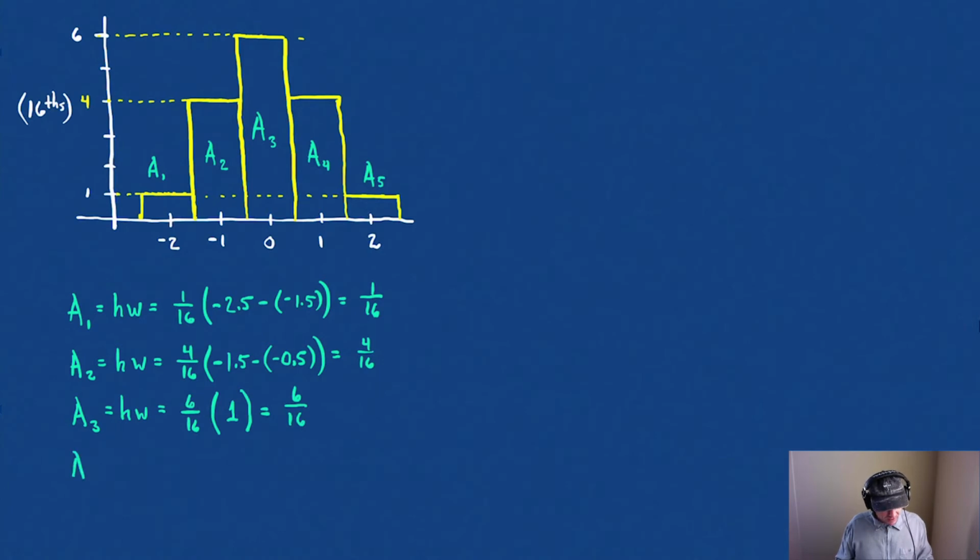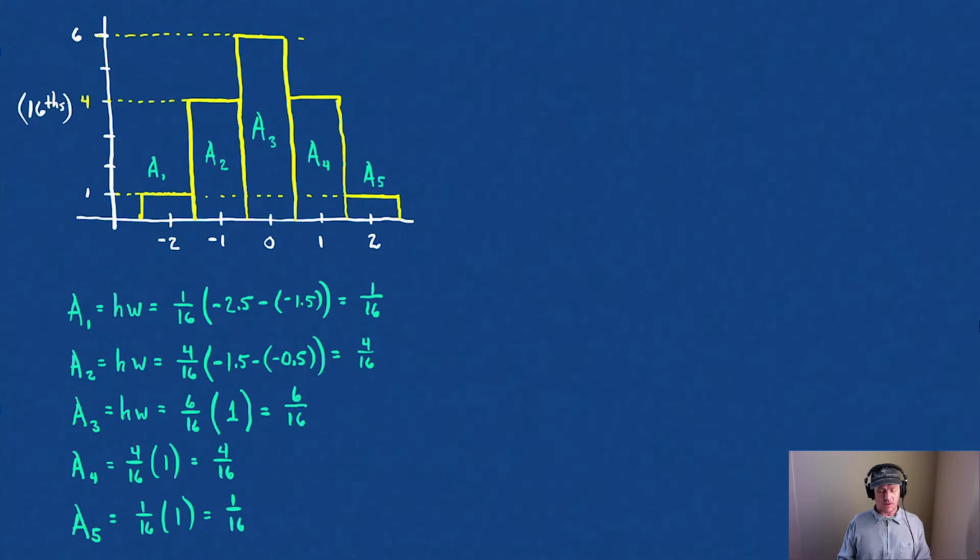Next, area 4 has a height of 4/16, has a width of 1. We multiply those together, we get 4/16. And finally, area 5 is equal to the height, 1/16, times its width, which is 1, which is 1/16. Wow. Add up all of the areas. This is kind of interesting. Notice this.